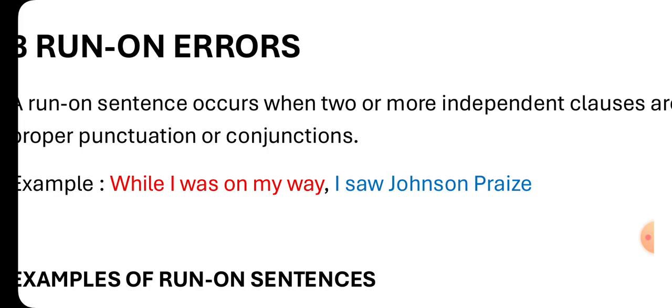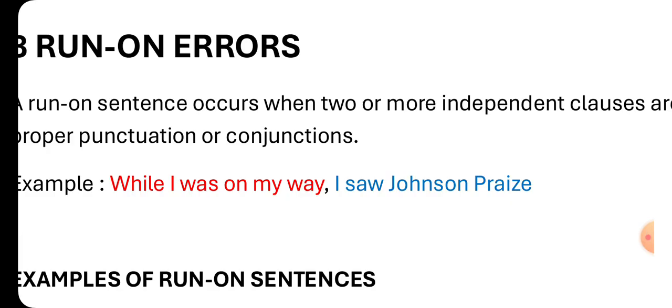While I was on my way, what happened? So this is a dependent clause, because it doesn't make meaning on its own. It needs to rely on other clauses to be able to make meaning. If you say, while I was on my way, without adding additional words to it, it becomes a fragment. A complete fragment. Then that is a dependent clause.